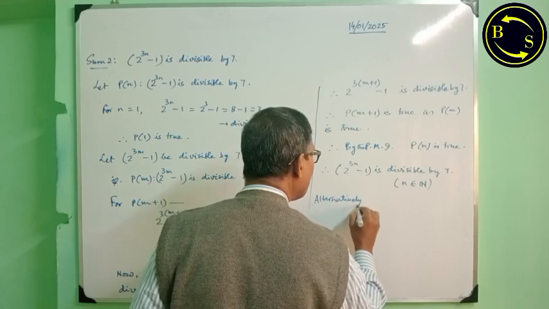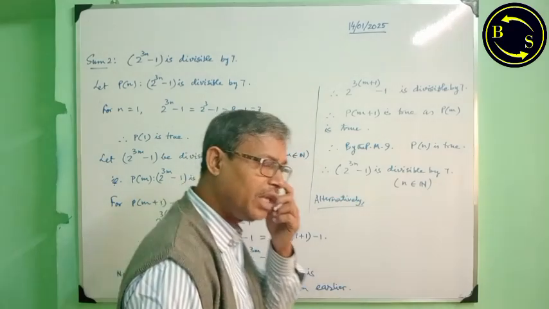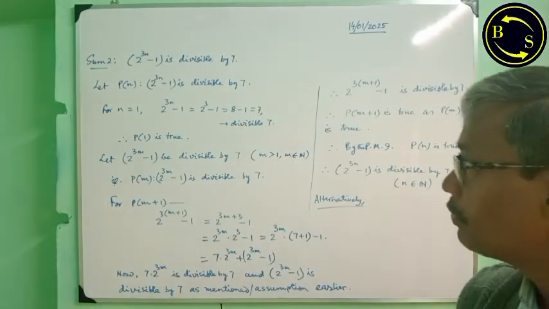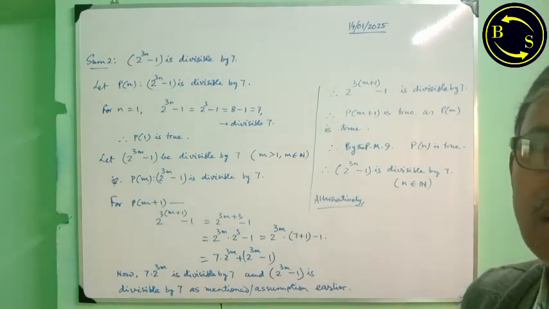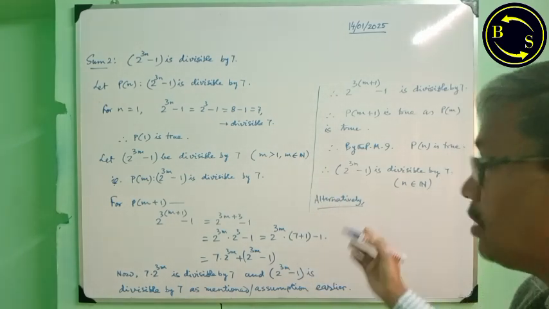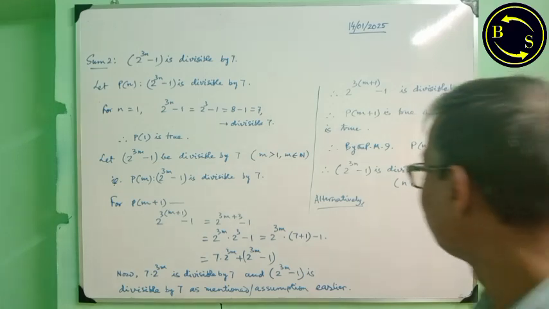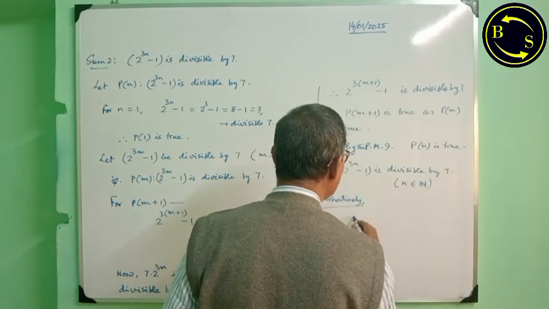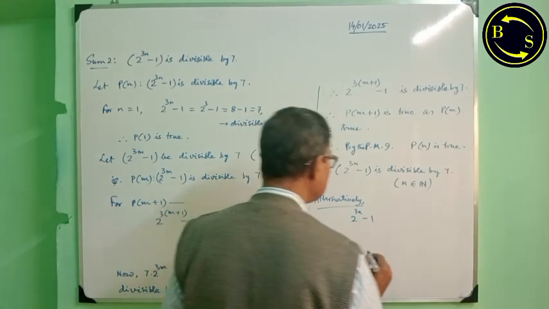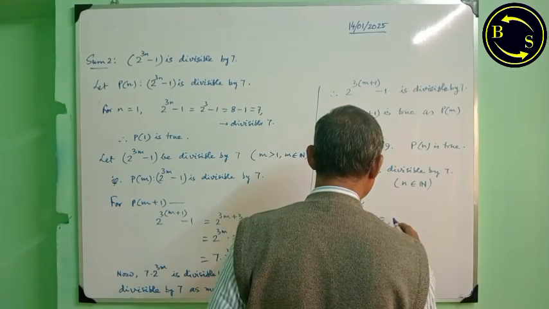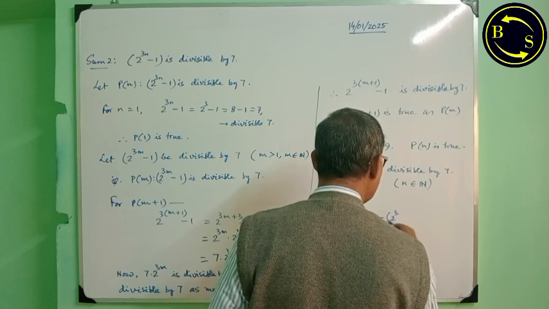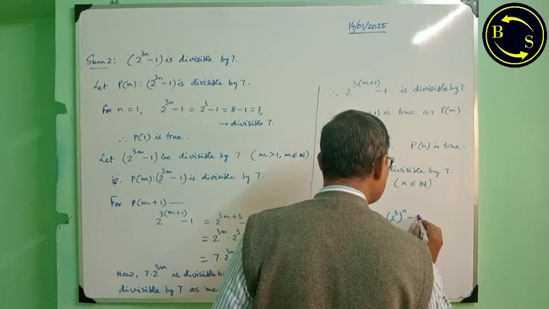Alternatively, remember one thing, if it is asked you prove with the help of mathematical induction, you have to follow this method. Otherwise, if it is not mentioned, you can follow any method. This is the alternative way I am going to discuss. 2 to the power 3n minus 1 can be written as 2 cube whole to the power n minus 1.